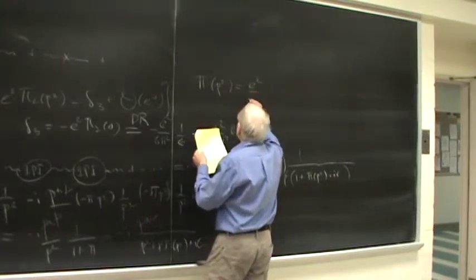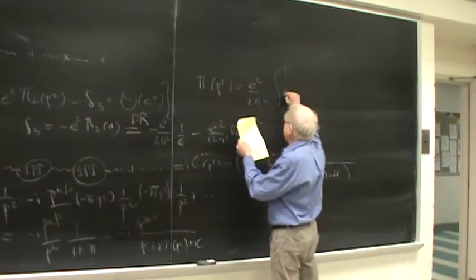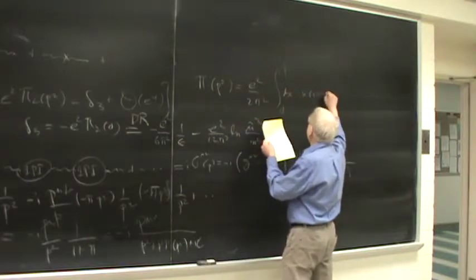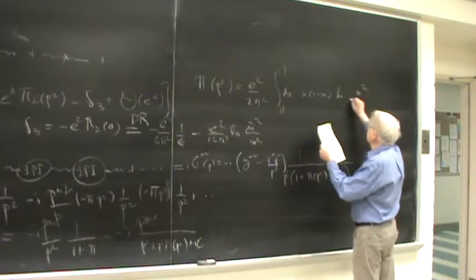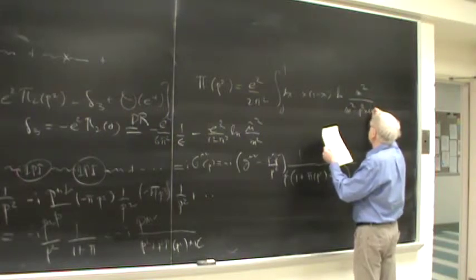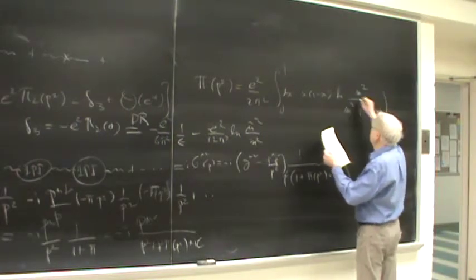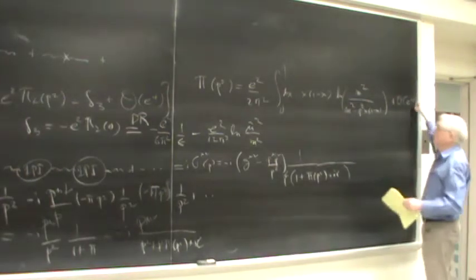We get e squared over 2 pi squared, integral 0 to 1 dx, x(1 minus x), log of m squared over m squared minus p squared x(1 minus x), plus order e to the fourth and so forth.